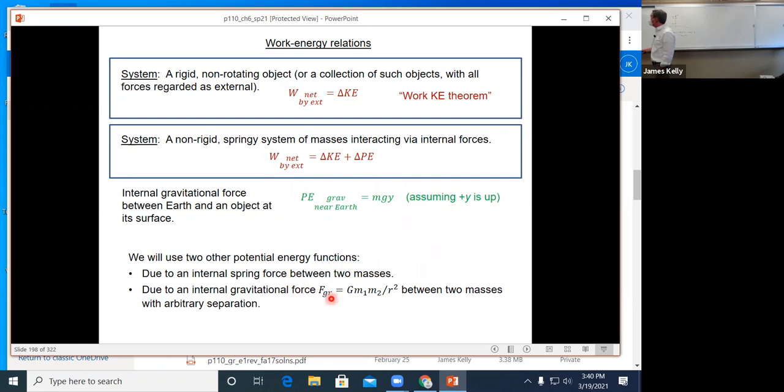We're going to use our Gm1m2 over r squared gravitational formula from Newton to derive, or actually just write down, a potential energy formula that's valid when you drop something maybe that's 2 moon radii above the surface of the Moon and then drops all the way to the surface and would allow us to calculate the final speed at the bottom. We're not going to derive that one because you have to use some calculus to derive it, but we'll just say what it is.